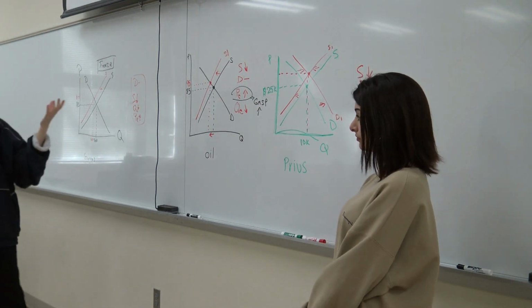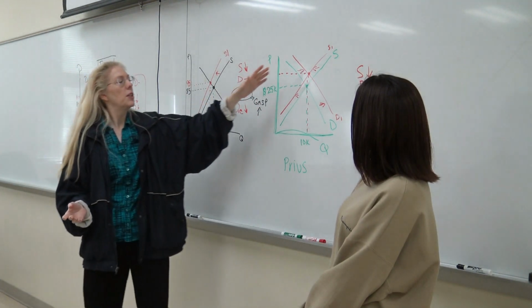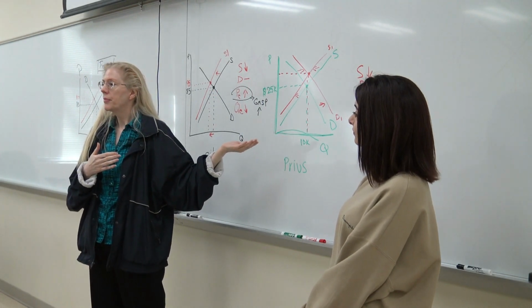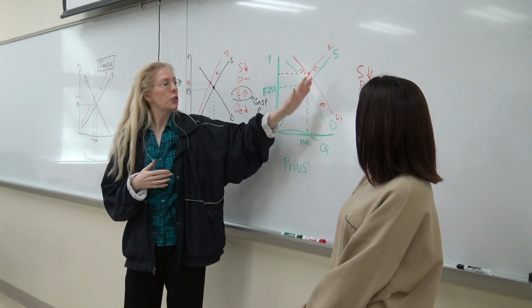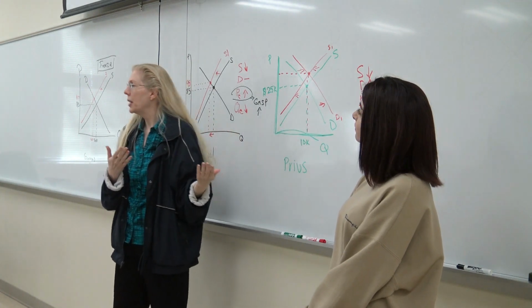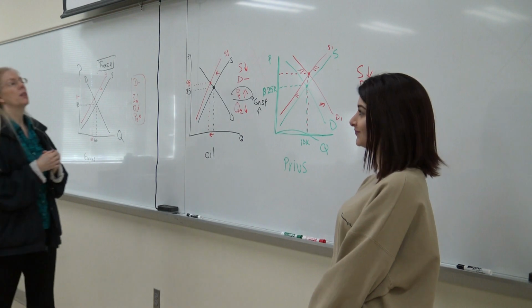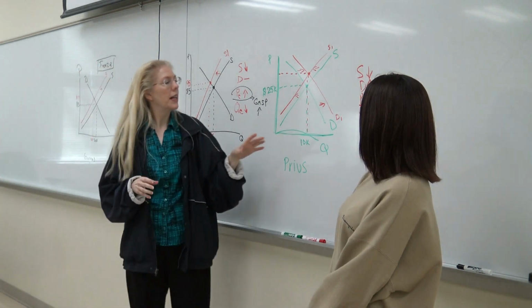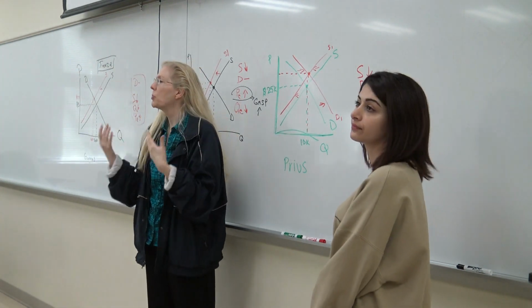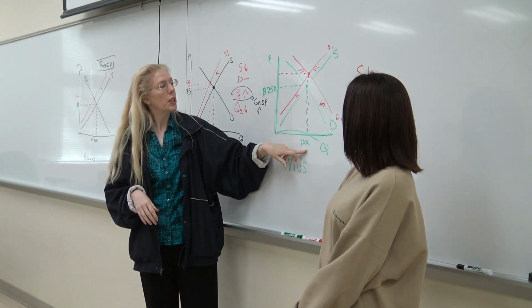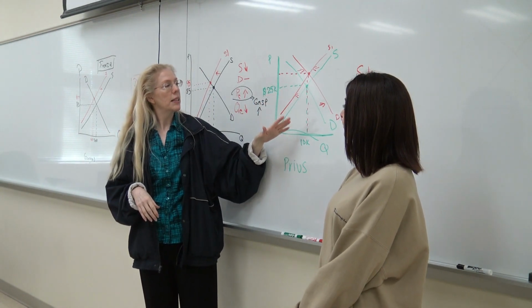If you shifted supply more when you drew it, then you would see quantity go down. And if you shifted demand more, you would see quantity go up. So this is the scenario we're looking at, depending on who reacts more, supply or demand. But in this case, you drew them pretty proportionally, and that makes sense.